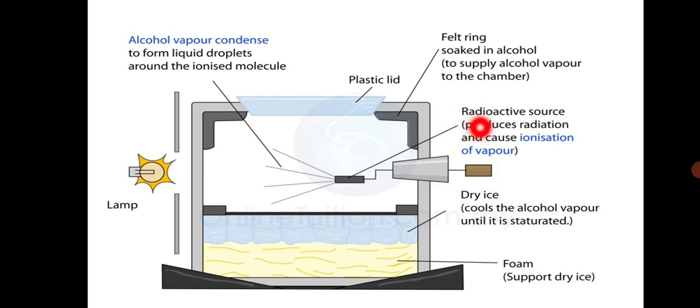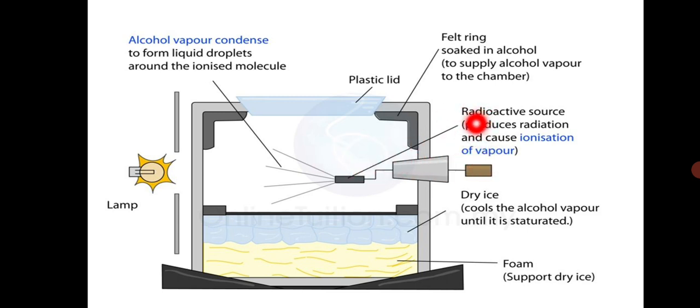And then we have the radioactive source. That's a substance that produces radiation and causes ionization of the vapor. Like I said, the radiation can come from any radioactive substance, such as uranium, polonium, cesium, or strontium, and any other material.